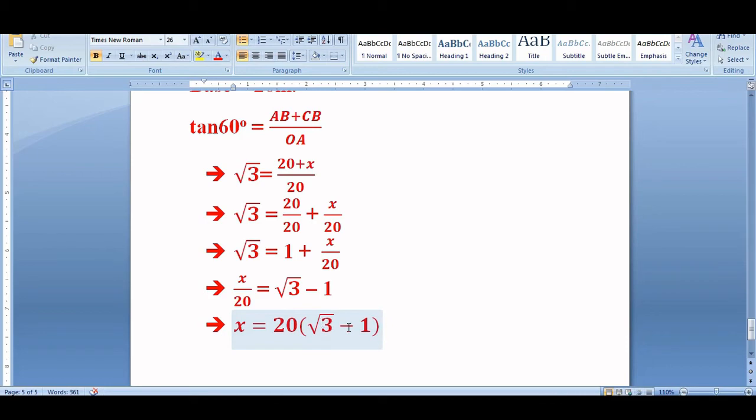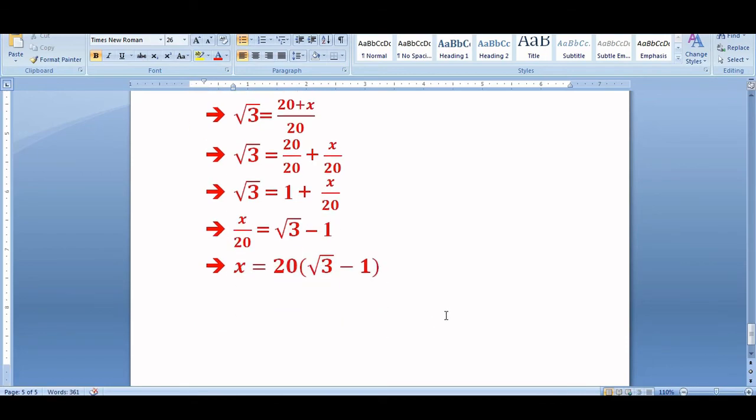In some problems we are given the value of root 3. Okay, so if you put the value of root 3, in some cases we have to give the answer at this stage only. We don't need to write the value of root 3 and then evaluate further.